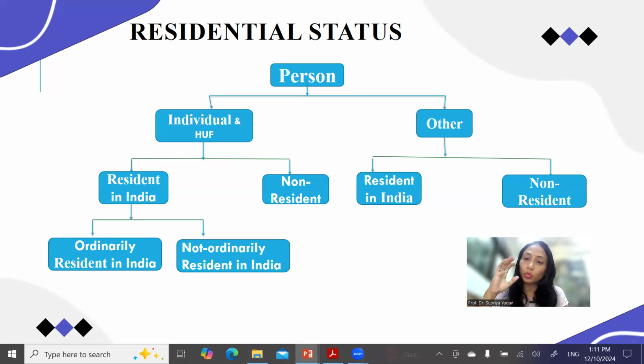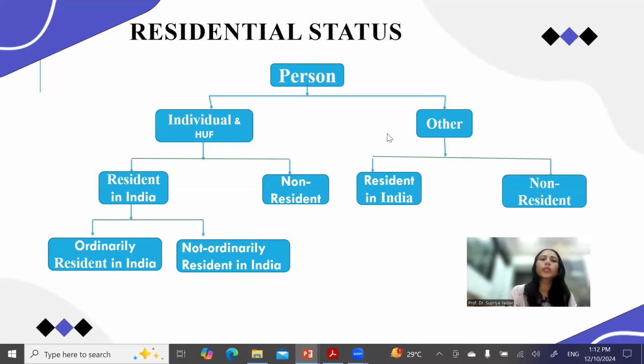Suppose 10 lakh is collected by Howard University through the students of Mumbai University. That 10 lakh is taxed to Howard University as a non-resident of India.